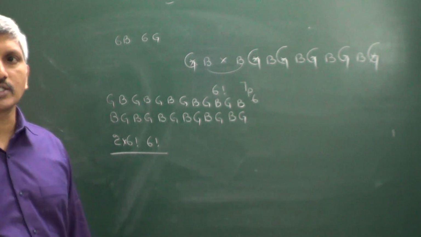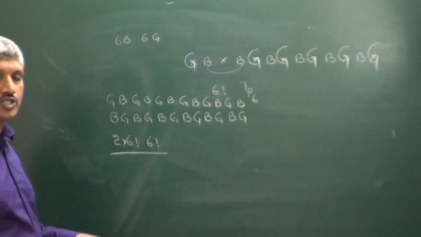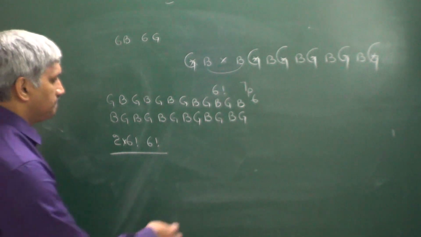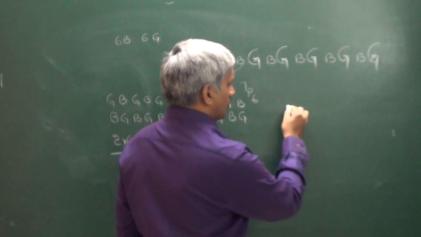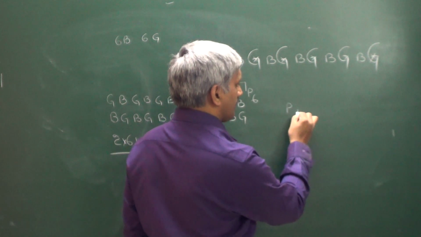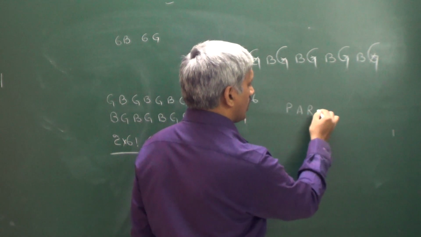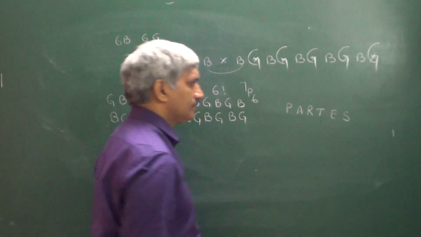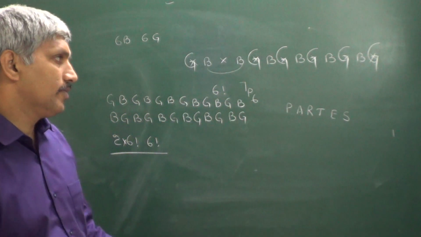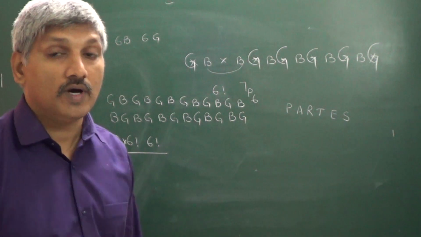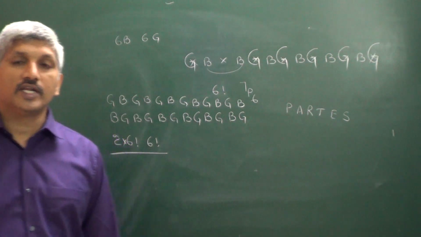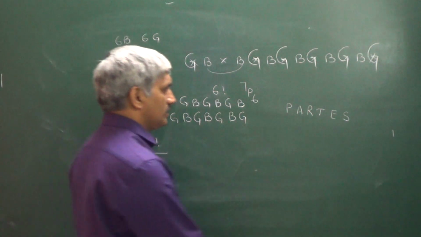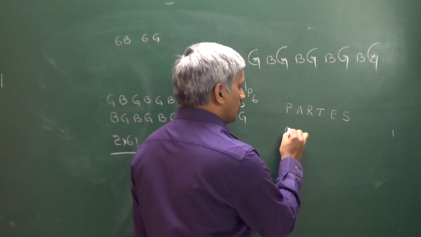Suppose the question is like this. One word is there: P, A, R, T, E, S. He is asking the number of ways the vowels sit together. Vowels sit together means what to do?